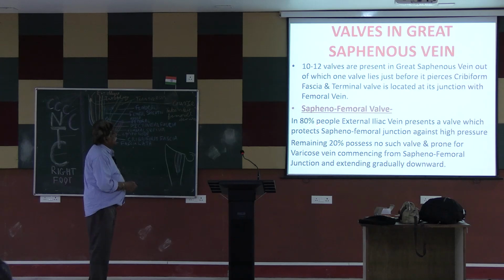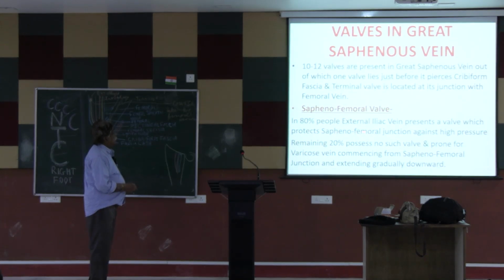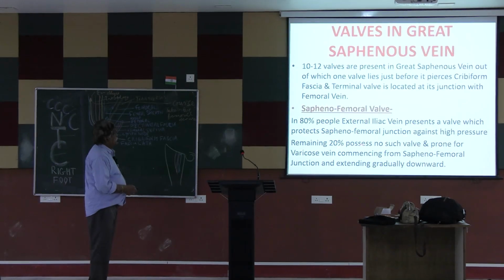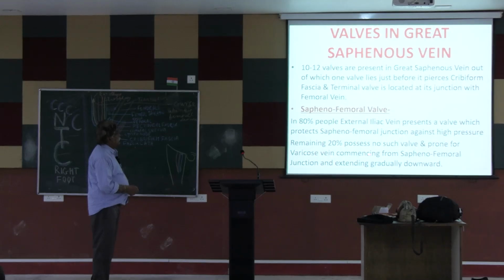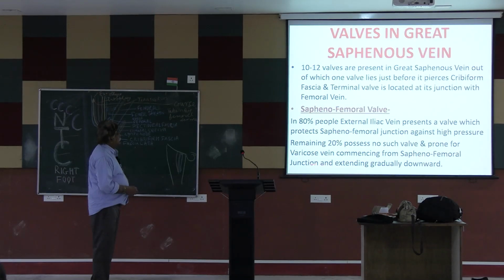In 80% of people, the external iliac vein presents a valve which protects the saphenofemoral junction against high pressure. The remaining 20% possess no such valve and are prone to varicose veins commencing from the saphenofemoral junction. This is important.